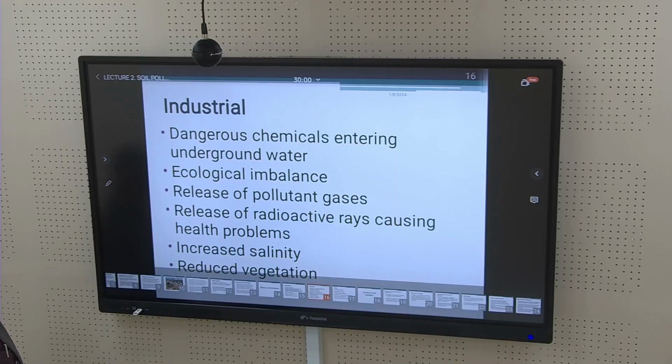If there is more salt in soil, some plants do not prefer such an amount of salt, resulting in reduced vegetation.